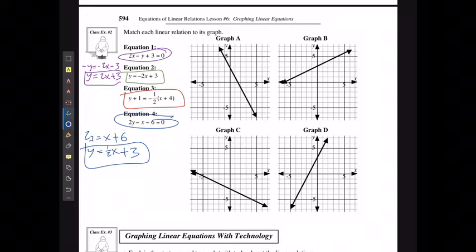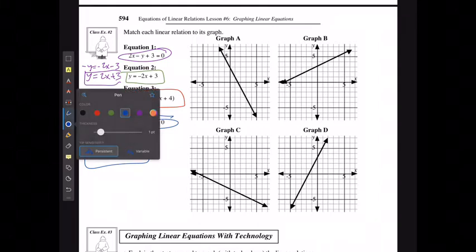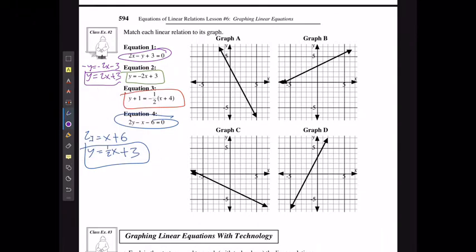So if I am trying to find the one that is equation 1, I'm looking for a y-intercept of 3 with a slope of 2 over 1. Well, this one has a y-intercept of 3, which means that if I can go up 2 and right 1 to get to another point, it would work, but that one does not match.